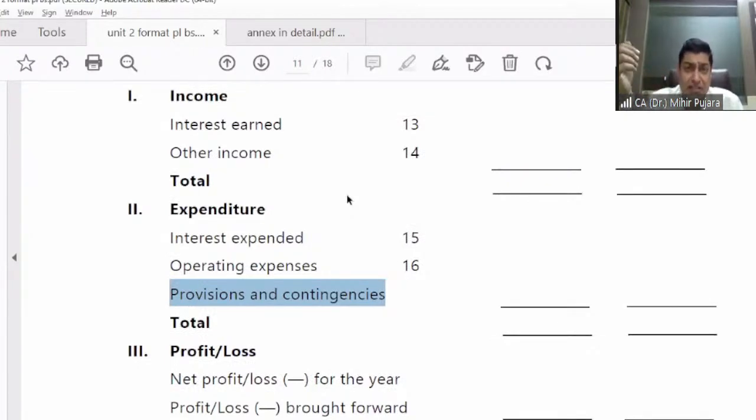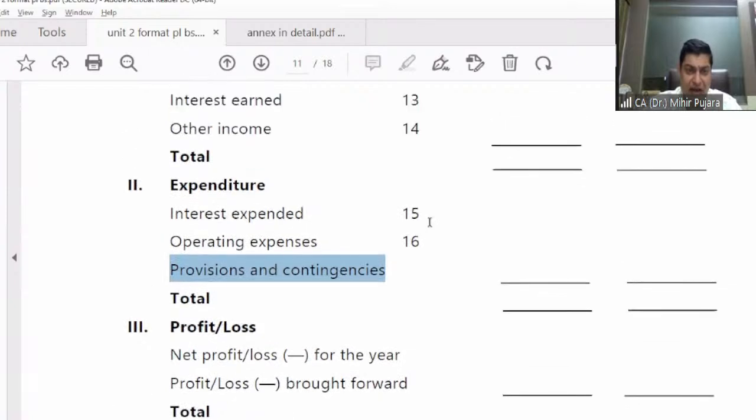Whatever provision we calculate, such as NPA provision, is part of provisions and contingencies. So there are two schedules for income, 13 interest and 14 other, two schedules for expenses, 15 interest and 16 other, and all the provisions should be shown below schedule 16 under the heading of provisions and contingencies.